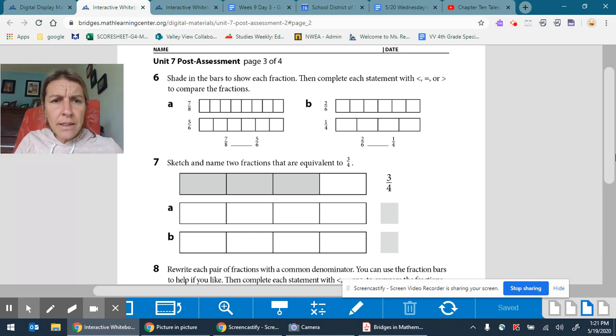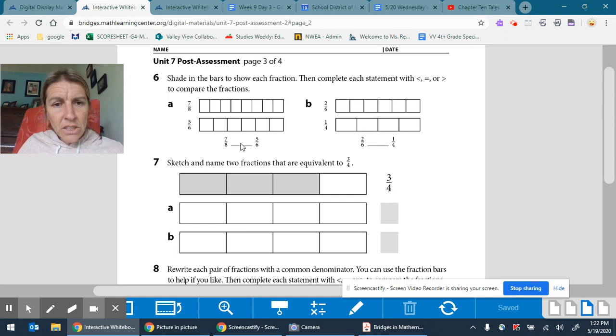If you were asked to shade in these bars, this first one, 7/8. This is divided into 8 parts, so what would it look like to be 7/8? And this one, it's already divided into 6 parts. You want to shade in 5/6. And then comparing the two, it looks like the wholes are the same. You just divided it into different parts.